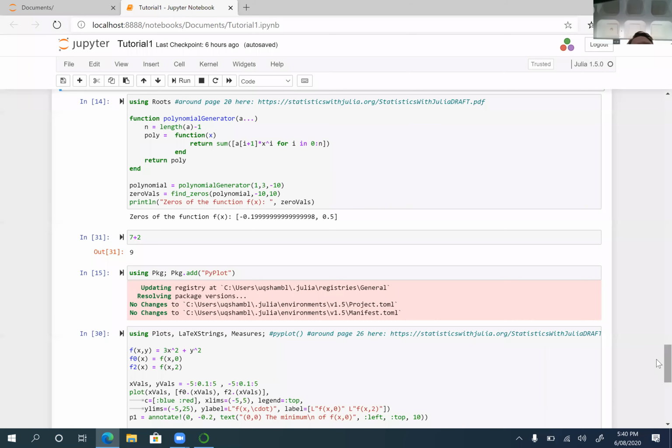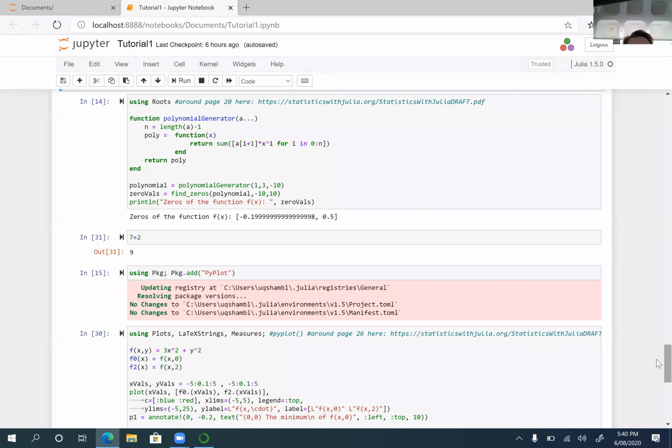If you look at the a[i+1], you're just indexing out of that and pulling out the i plus 1th entry of your input. Okay, and that ends the function there. And then we want to return the polynomial. And then, yeah, that ends the greater function, PolynomialGenerator.